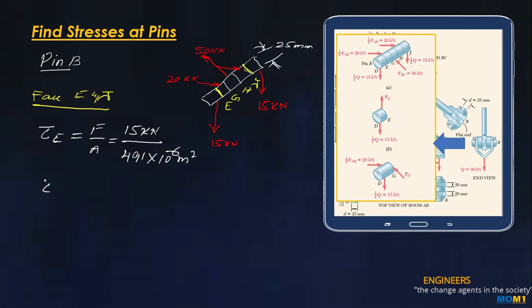So tau E and tau J is going to be 30 megapascal.